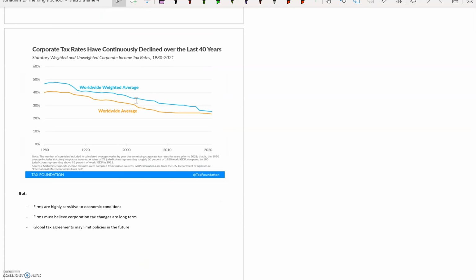Now, countries are in competition with each other, and you can see that the worldwide tax rates on corporations have been falling for the last 40 years, and that really is to do with incentivizing FDI. That's foreign direct investment. So I could incentivize a multinational company to come to my country if I've got a low tax rate.